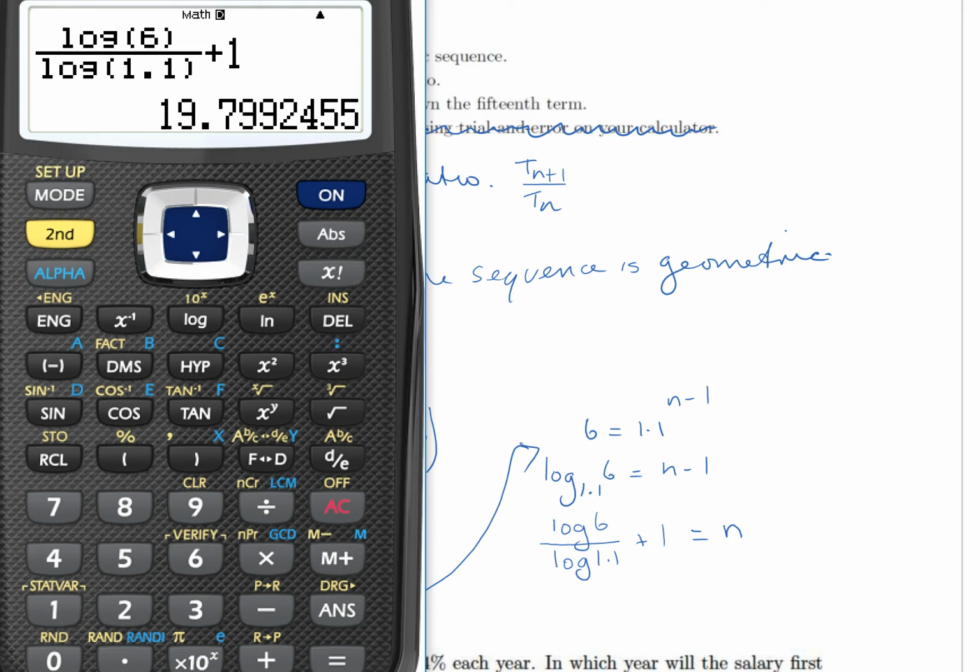Okay, just a couple of things about the calculator and just things to be aware of and be careful, especially with this new calculator. So I used the fraction button, and that closed bracket on the top of the fraction didn't actually appear. I had to put it in, and the same on the denominator of the fraction.